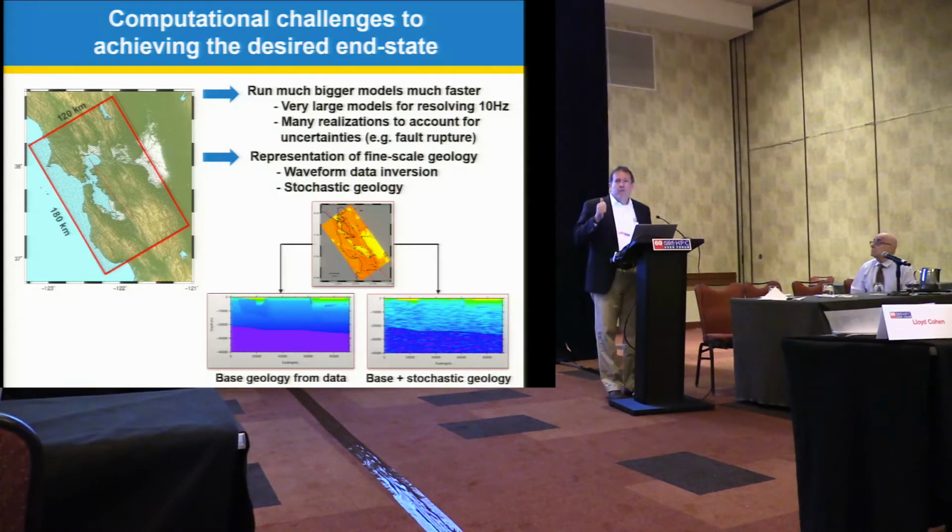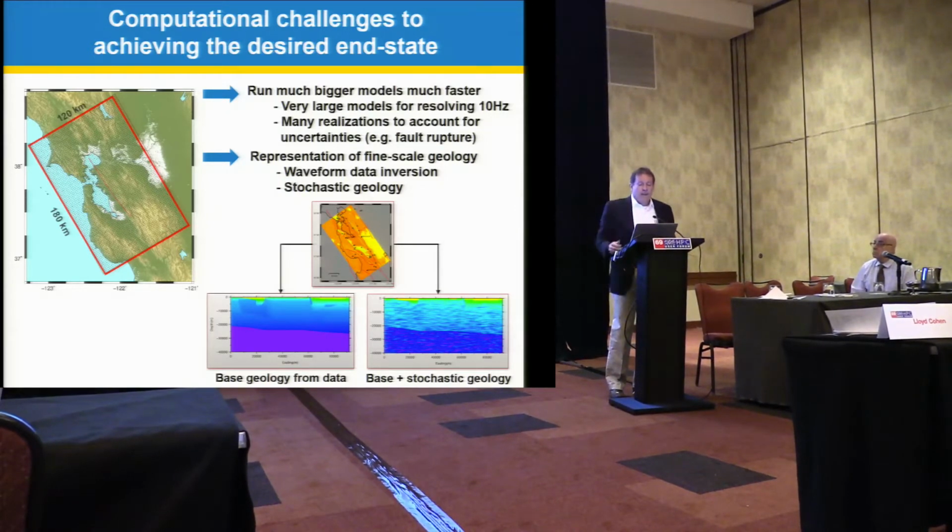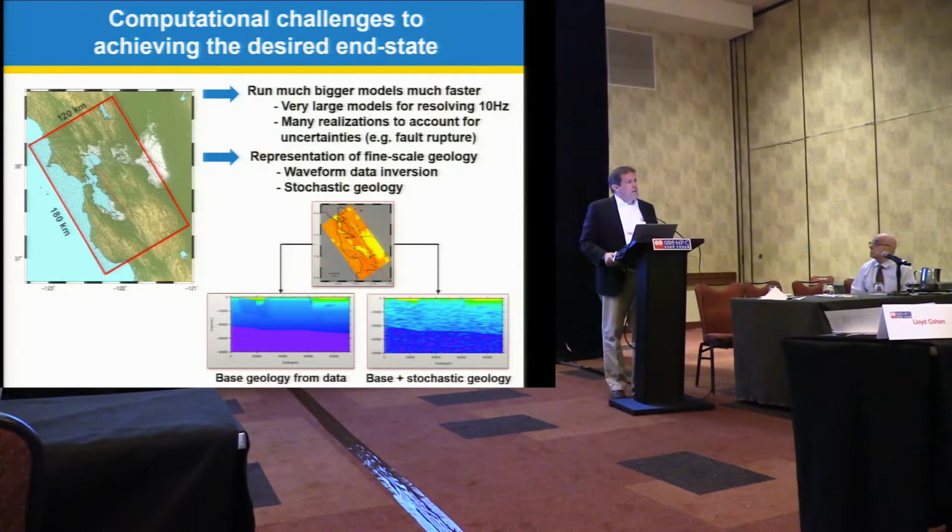If we can only do a single earthquake realization in a 20 or 24-hour run, that's really not where we want to get to. We want to drive that computational time down so that we can explore parameter space and look at the uncertainties, and so those computations have to be fast. So higher frequency, faster. And then, of course, representation of fine-scale geology.